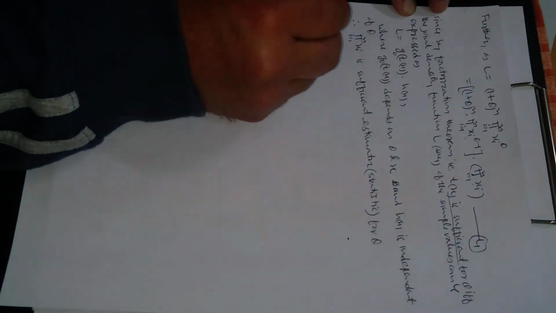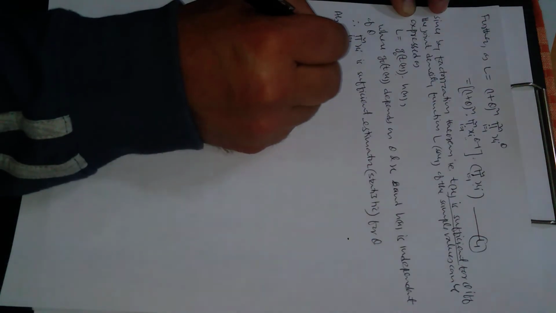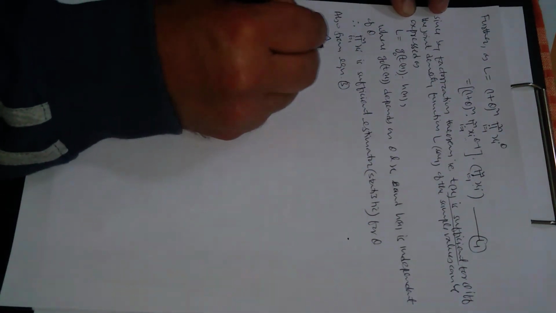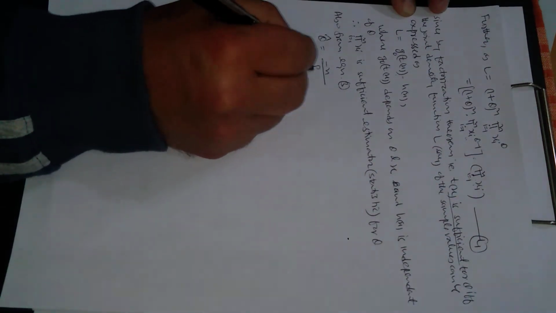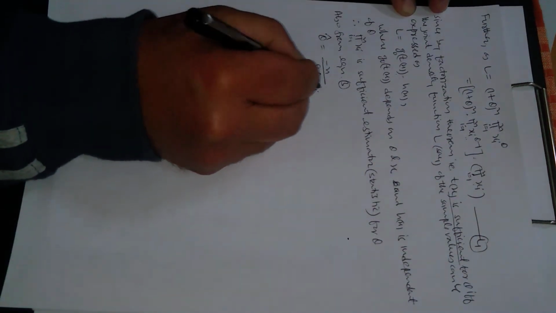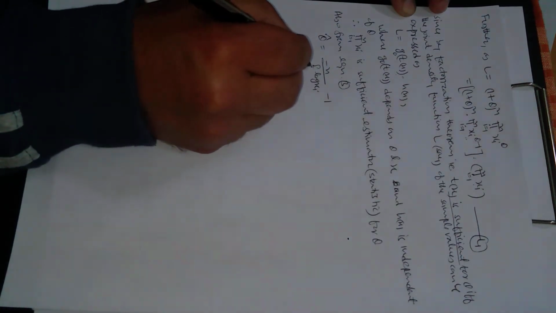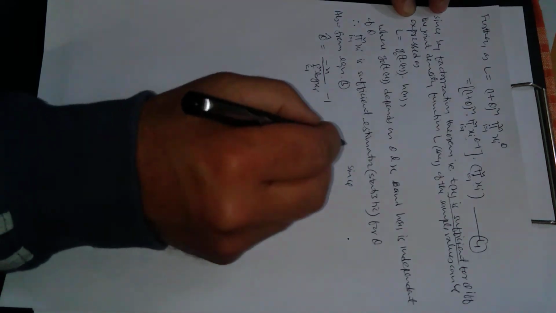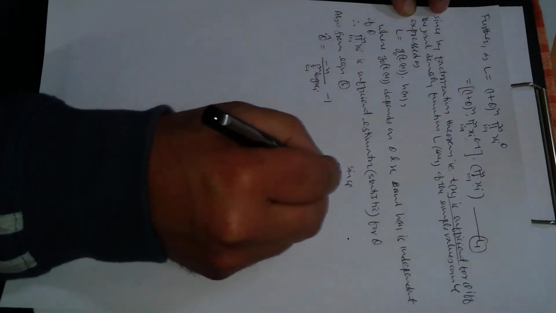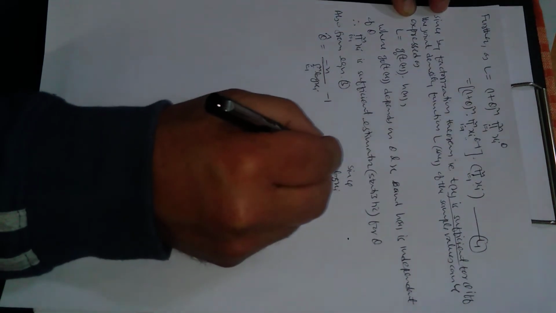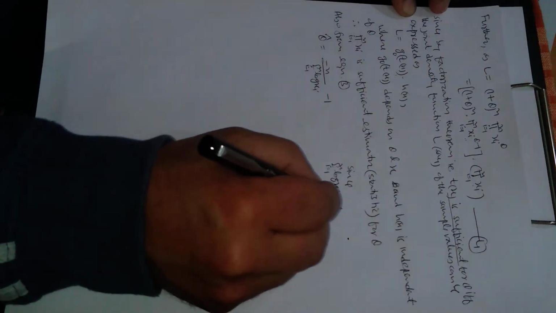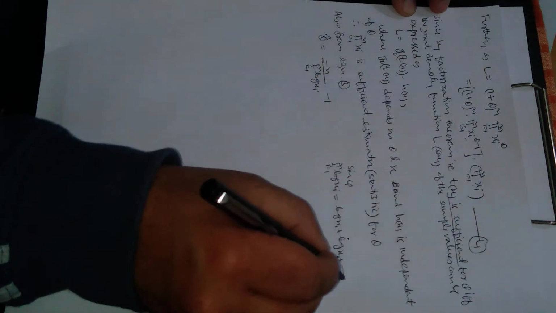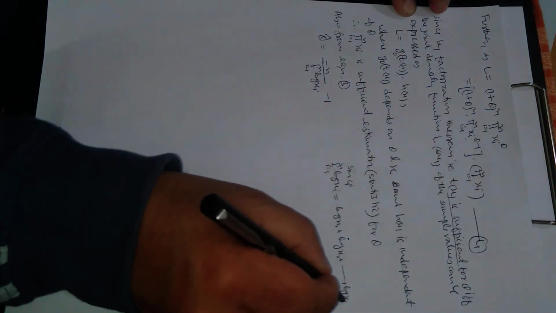Also from question 3, we know the maximum likelihood estimator theta cap is minus n upon the summation of log xi minus 1, where i varies from 1 to n. See here, the summation of log xi, if you open this one, will be log x1 plus log x2 and so on, up to log xn.